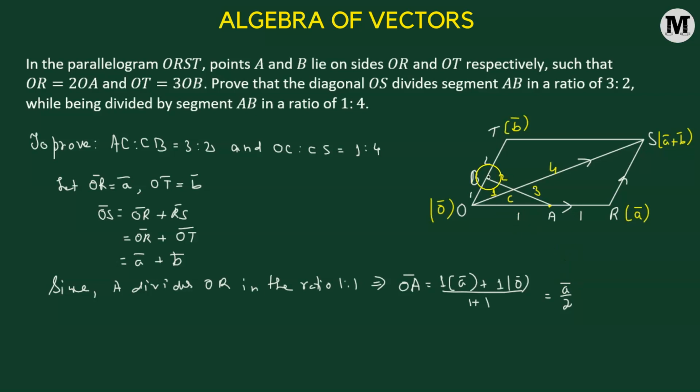And then we can also find the position vector of point B. Here B divides OT in the ratio 1:2, which means OB vector, the position vector of point B, is 1 times b vector added to 2 times the null vector, divided by 3. So we have b vector over 3.